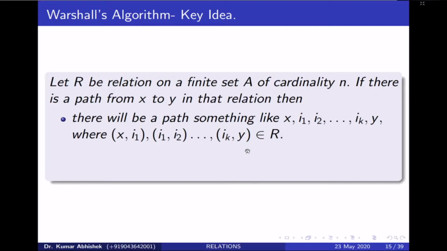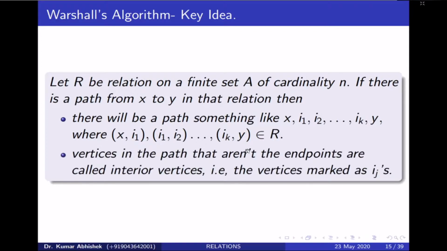Ik, y will also be an element in the relation R. The vertices of the path that aren't the endpoints are called the interior vertices, that is the vertices which are marked as ij's in the path.